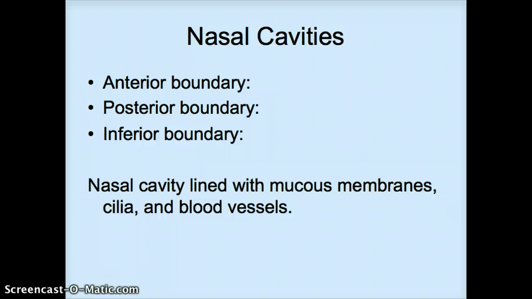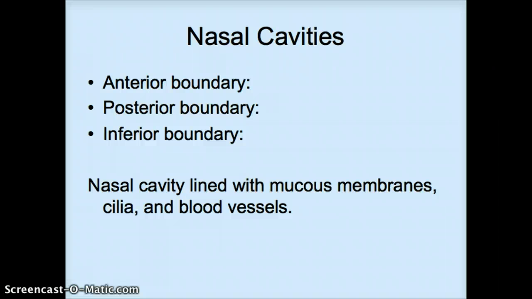Okay, so when we look at the nasal cavities, the anterior boundary of the nasal cavity are the nostrils. The posterior boundary are the nasal choanae, and the inferior boundary, the lower boundary, is the hard palate.